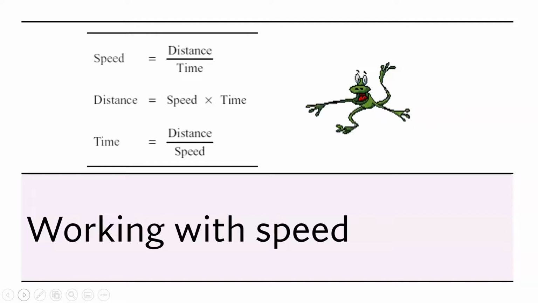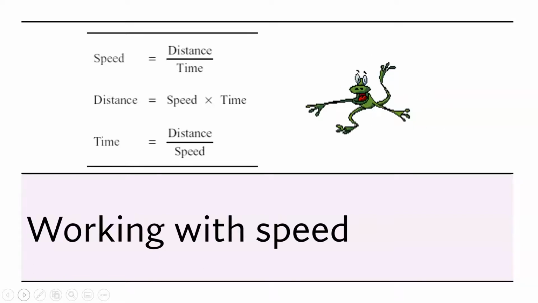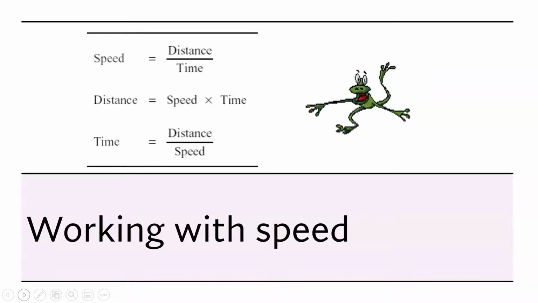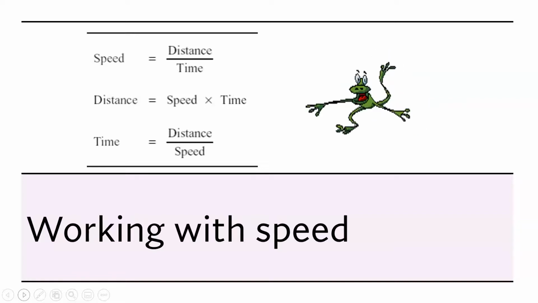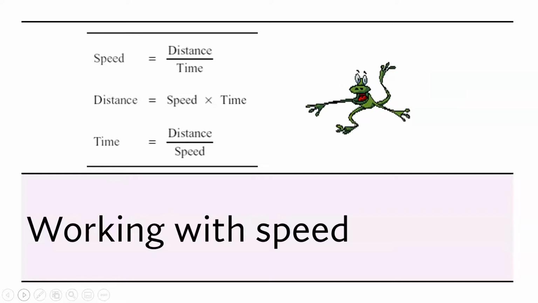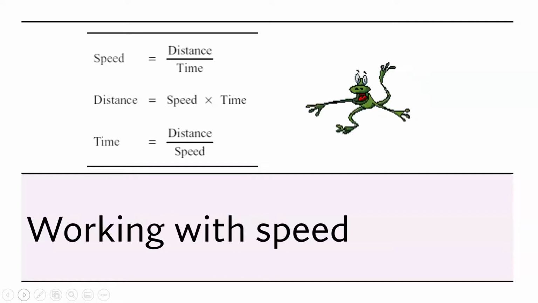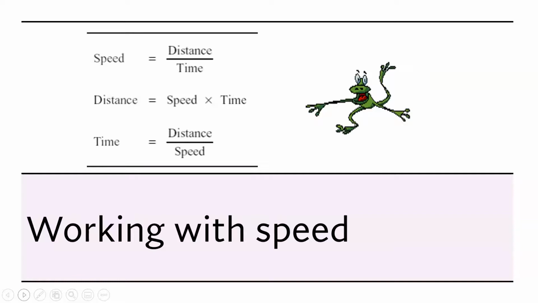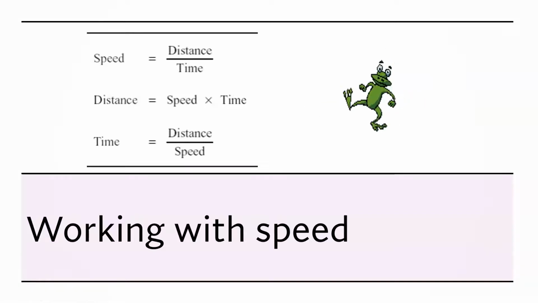Once we know speed, distance and time, we can use certain factors to find out different things. So if we're trying to find out the distance that an object's moved, if we know the speed and the time, we can work that out. If we want to know the time it's taken an object to get from A to B, if we know the distance and the speed it was moving at, then we can work out the time. So this is where we're heading to later in the unit.